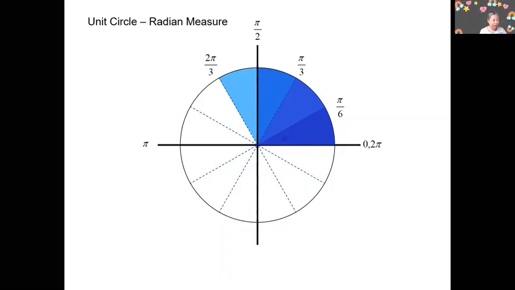And then we can go further. One more, so that means we have a total of 5 pieces of pi over 6, and it's literally 5 pi over 6 because it's already in the simplest form.